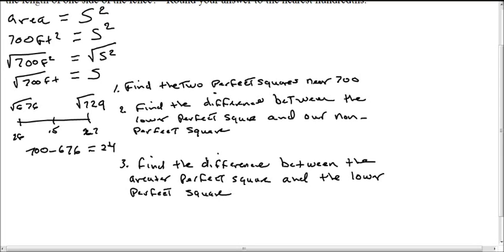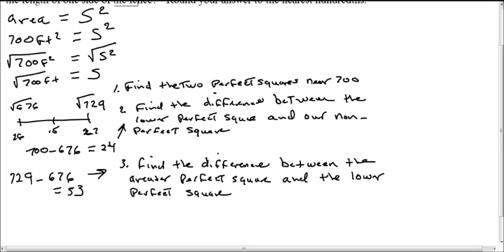Our greater perfect square is 729, so here it's going to be 729 minus 676. Remember, this associates here and this associates here. So let's do that math: 729 minus 676. We're simply subtracting our perfect squares, and this will equal 53.